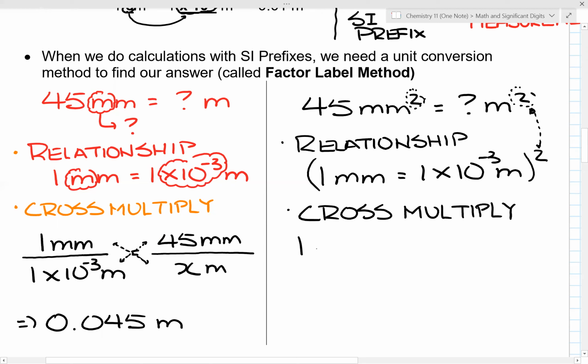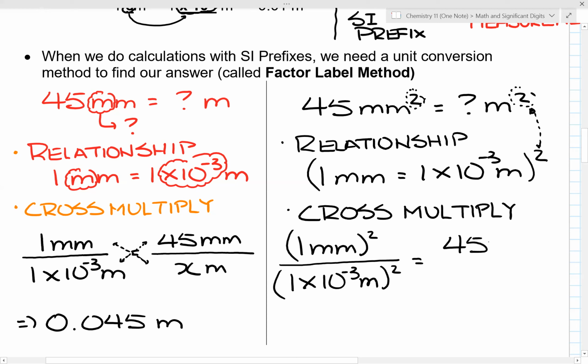So you now have 1 millimeter all squared all over 1 times 10 to the negative 3 meters all squared is equal to 45 millimeters all squared all over x meters squared.